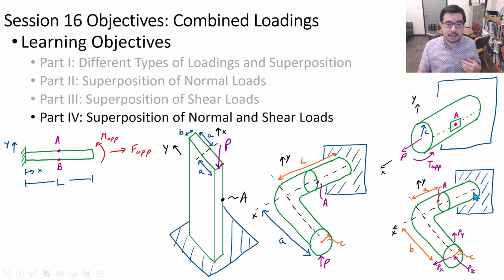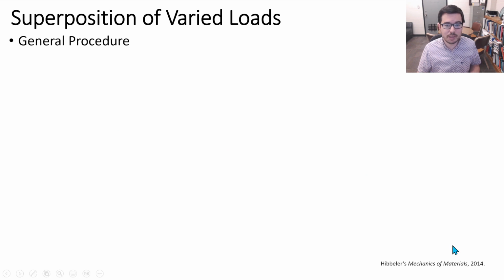Or this kind of classic problem where we have a bent beam with Px, Py, and Pz acting on the end, which has the combined, superposed effect of inducing shear stresses and normal stresses. Okay. Once again, here's the general procedure.